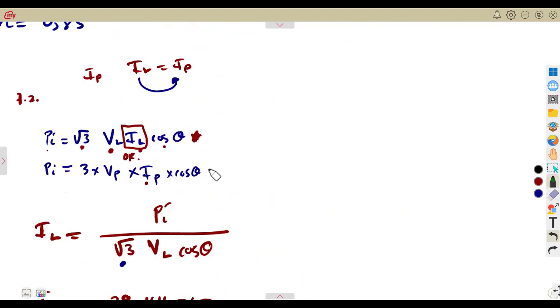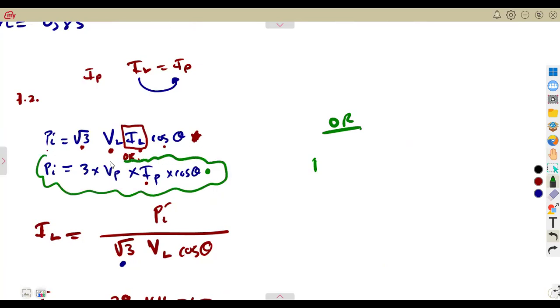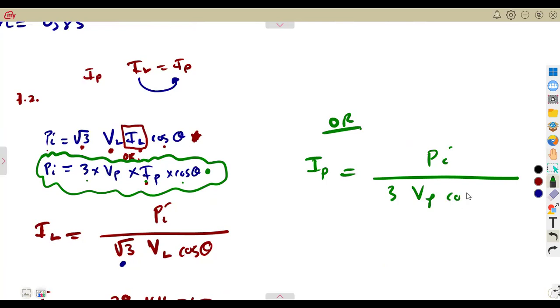If we were to consider the second formula, which has the phase current, you would divide. The phase current is going to be the input power over 3 times the phase voltage times the cos of theta.